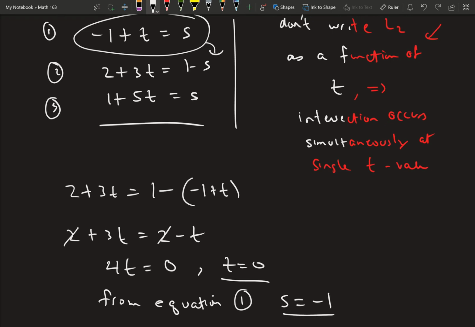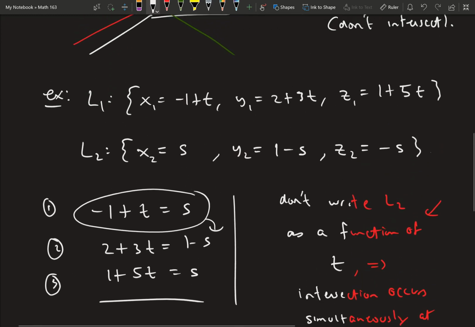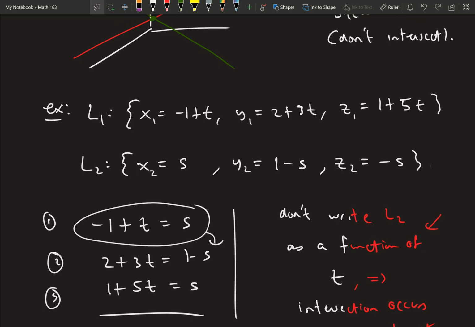So let's check if these work out. Maybe they do, maybe they don't, because there are 3 equations we still have to check. So at t equals 0, we have x1 is equal to negative 1, y1 is equal to 2, and z1 is equal to 1.